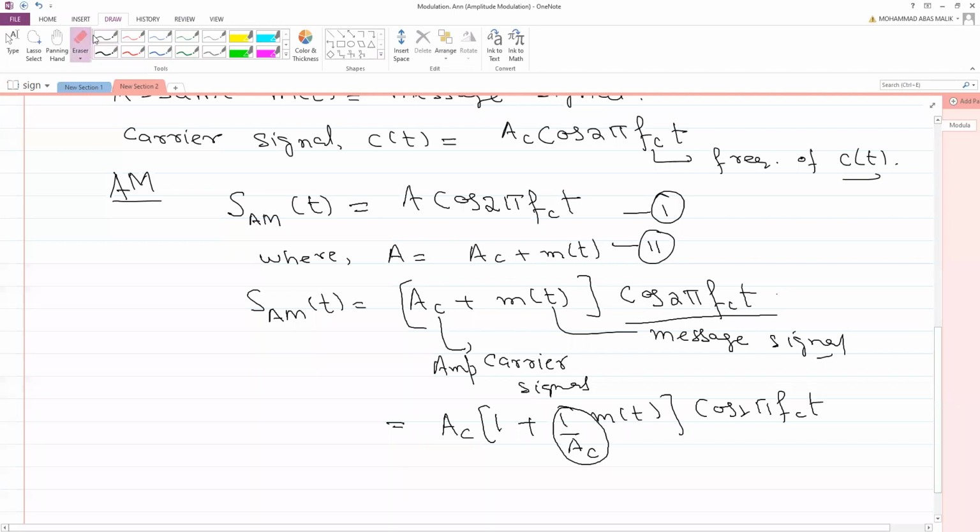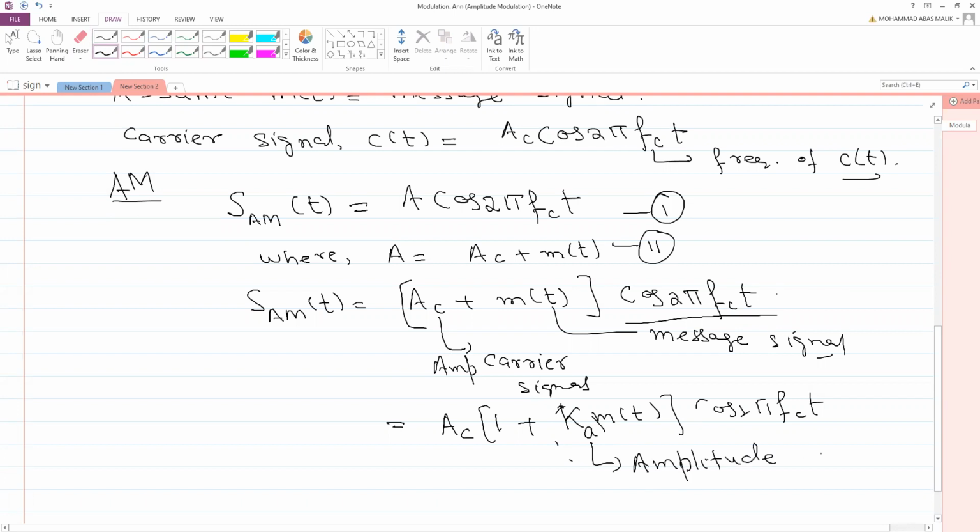And I will replace 1 divided by Ac by Ka, where Ka is called the amplitude sensitivity of the modulator. Please mute your mic.